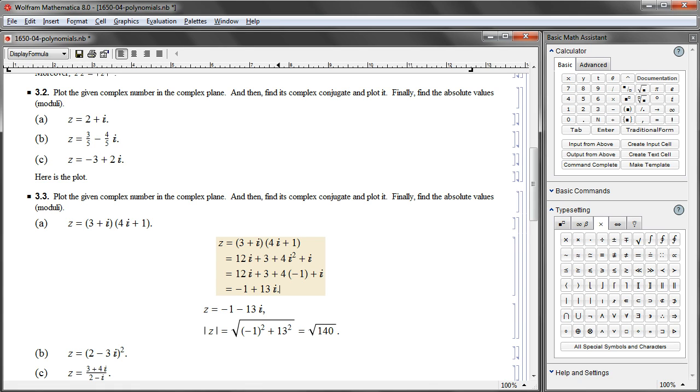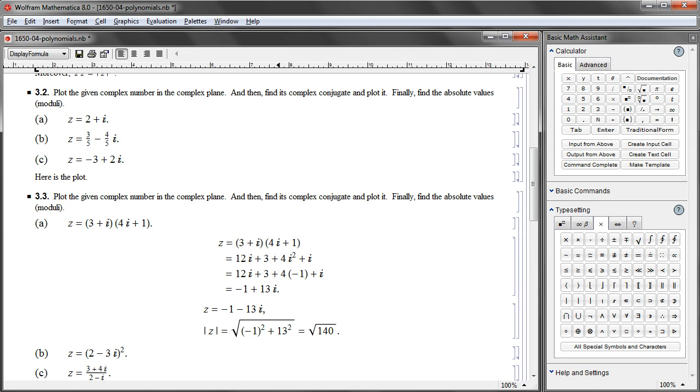And once we have that, we can find its absolute value by taking 1 squared plus 13 squared and so on. And if we want to plot it, yes, you can plot it. It's going to be plotted at -1 comma 13. I didn't bother plotting it in this notebook, but on graph paper you can easily do that. This is going to be the x coordinate, and that's going to be the y coordinate, -1 comma -13.